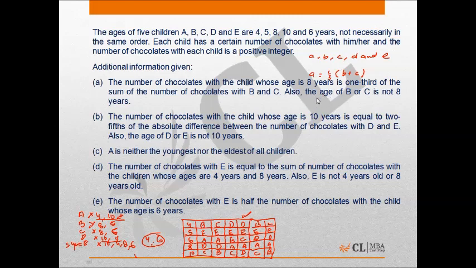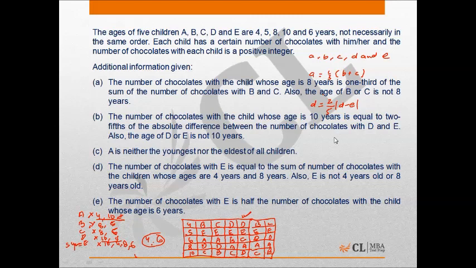So, D is equal to 2/5 of the absolute difference between the number of chocolates with D and E. Now, in the next statement, there is nothing related to the number of chocolates with any of the given children.